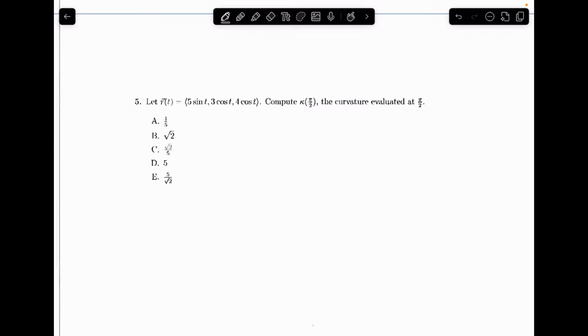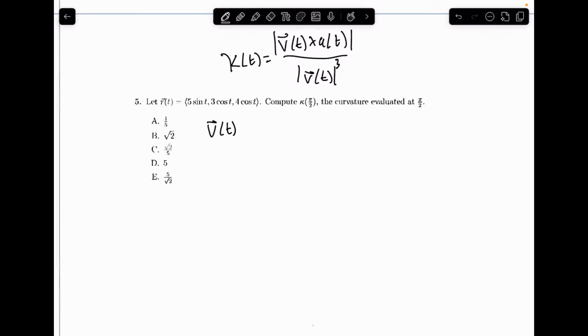I prefer the formula where kappa of t is equal to the magnitude of v of t cross a of t, over the magnitude of v of t cubed. If we remember, v of t is just r prime of t, and then a of t is r double prime, or v prime of t. So we can get v of t and a of t pretty easily.